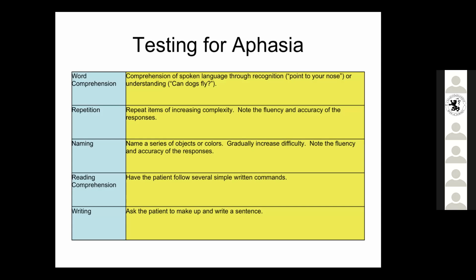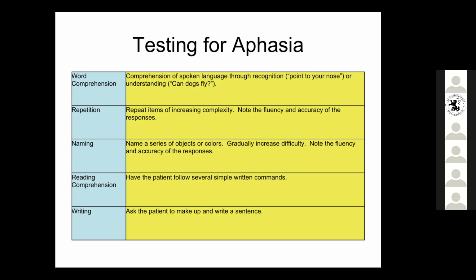Aphasia is a problem with speech, and it can be either verbal aphasia or it can be motor aphasia, depending on which brain center is damaged. It means that it can be, for example, word comprehension. It means understanding the speech, repetition, naming objects, reading comprehension, writing.